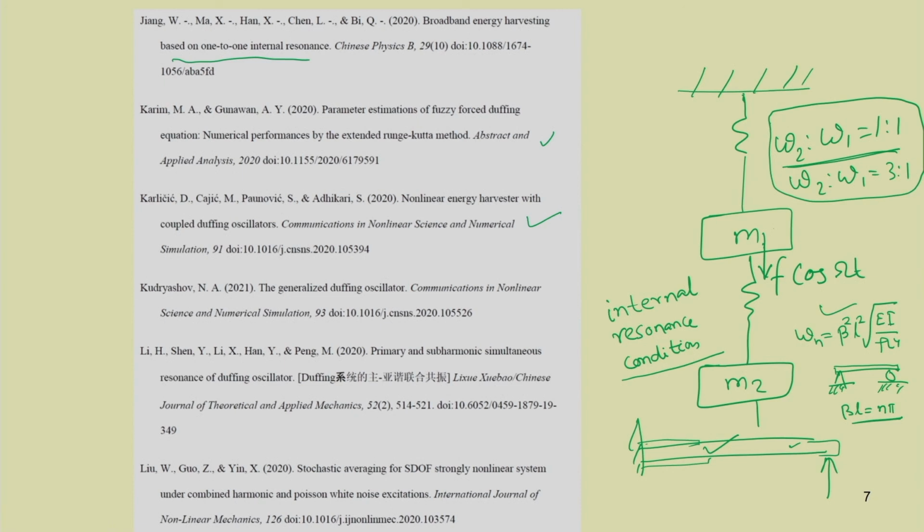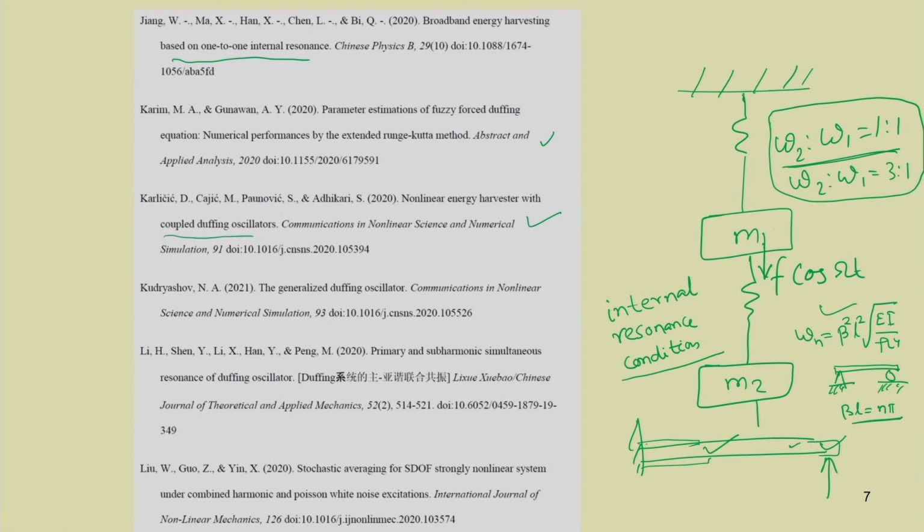So, you have two different equations, one equation for the displacement of the cantilever beam and the second equation is the voltage equation. If there is coupling between the voltage equation and the beam equation, then it is a coupled Duffing oscillator.